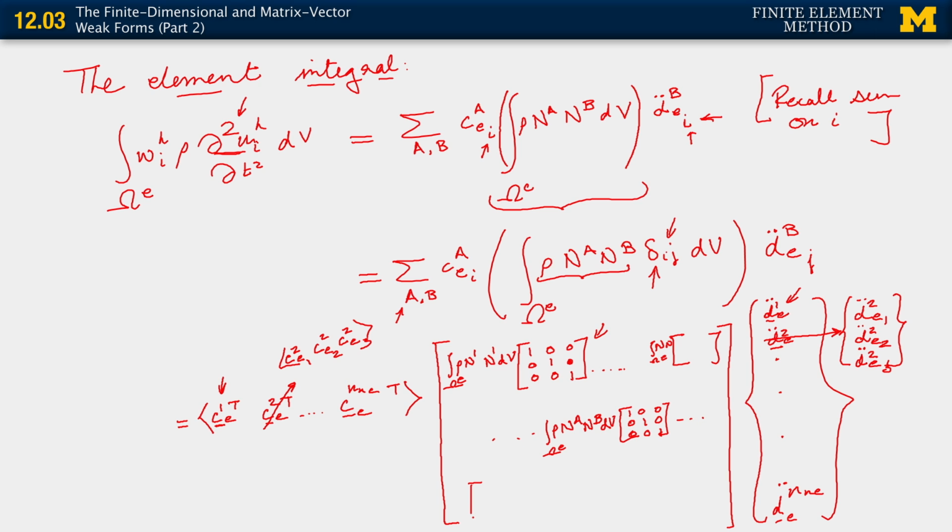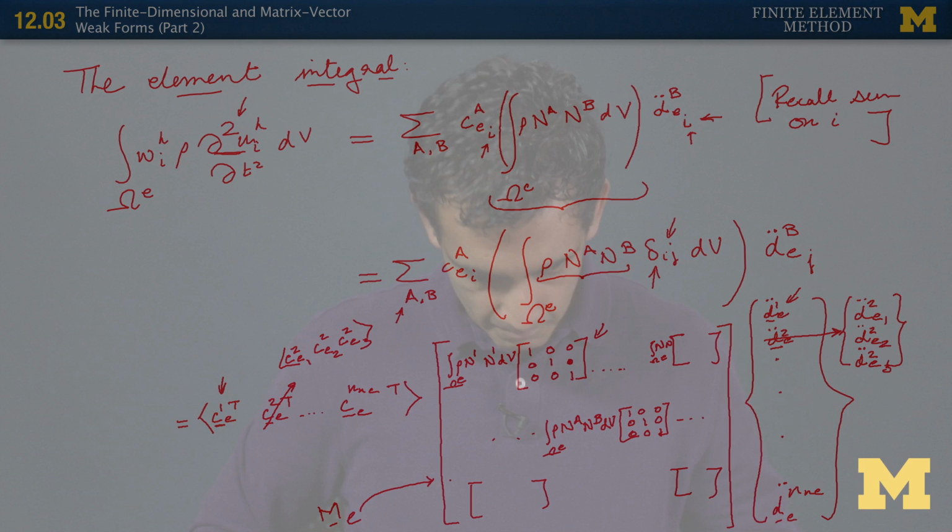You'd get other such block matrices everywhere. Okay? And this matrix that I've written out here is our element mass matrix, in consistent form, the consistent mass matrix.